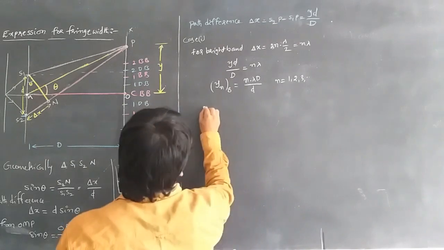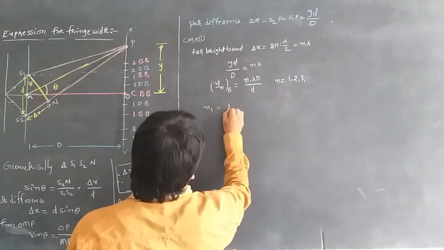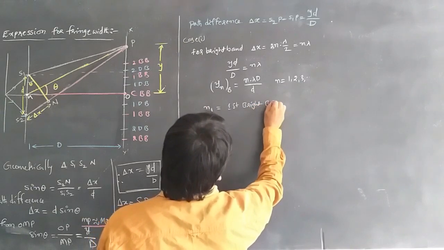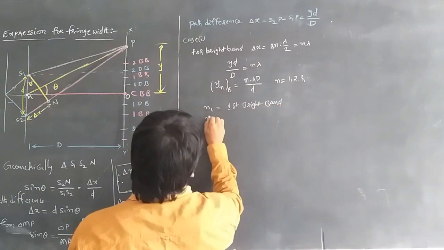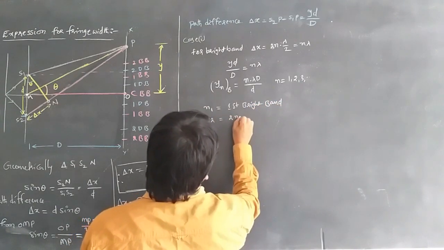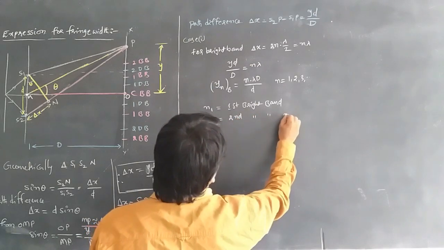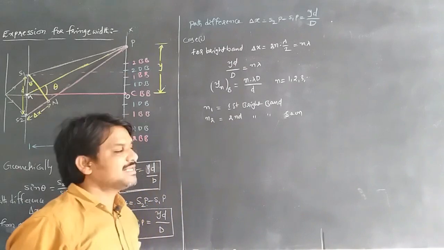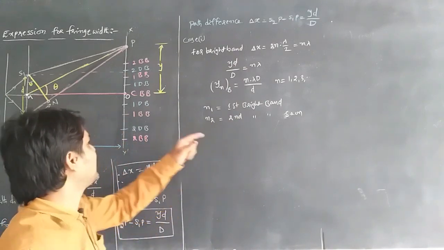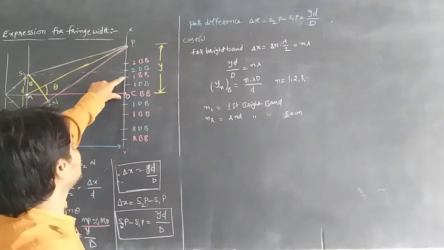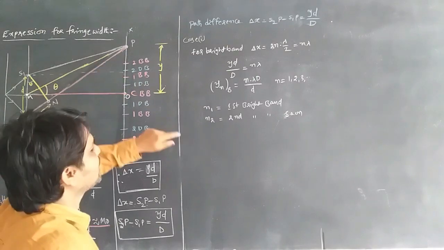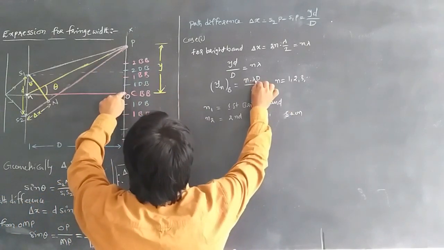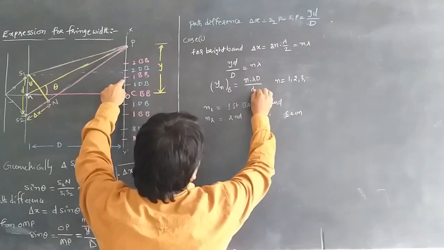Here n equal to 1 is the first bright band, and n equal to 2 is the second bright band, and so on. These are the different bright bands formed from the center. If we substitute n is equal to 1, we get the distance of the first bright band from the center as lambda D by d.